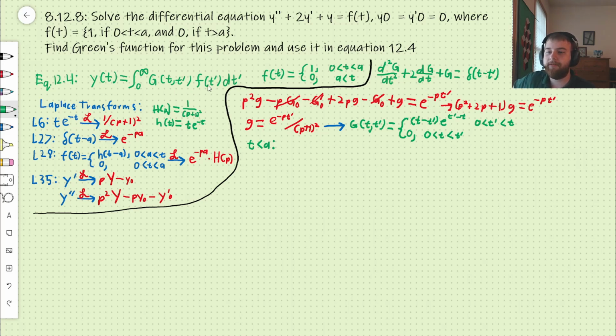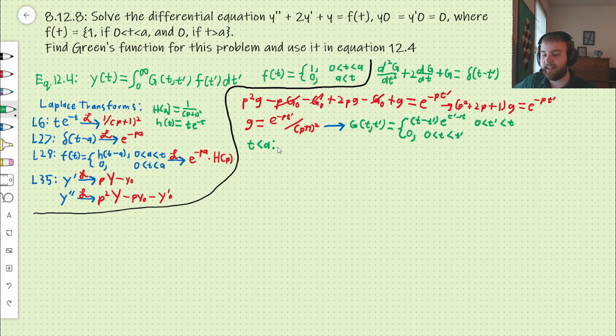So our f of t prime. This is the same f of t. We're just using t prime instead of t because it's our variable of integration. So this is going to be 0 when a is greater than t prime.